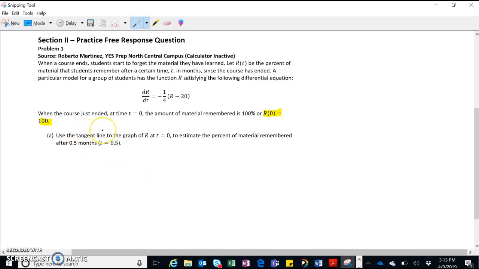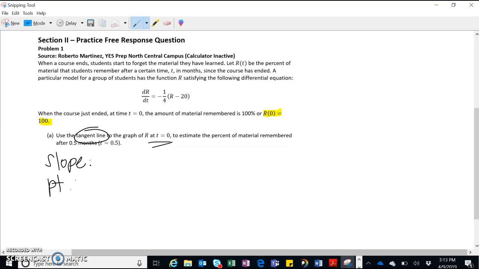All right, so I see that I'm being asked for a tangent line here at t equals 0. What we know from prior units is that to find a tangent line approximation, I need a slope and I need a point of tangency, which I'll just abbreviate with point for today.